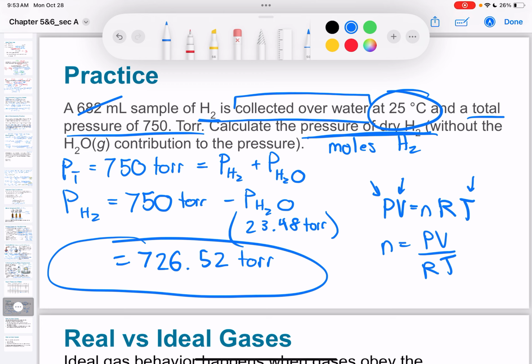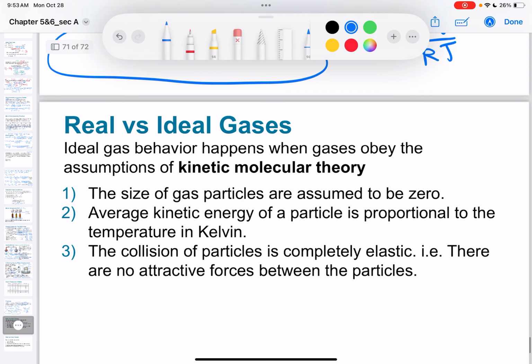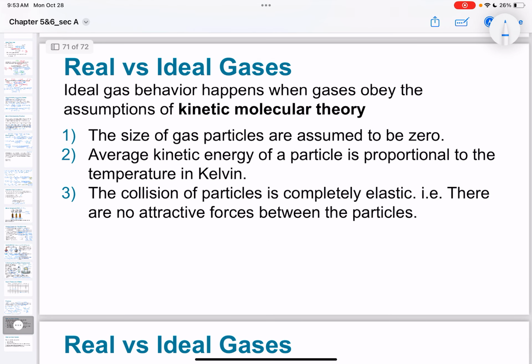Okay, last thing we need to talk about in chapter 6 is just a concept thing, and to clarify why we call PV equals nRT the ideal gas law. There are a couple assumptions that are made when we talk about the ideal gas law, and those assumptions are summarized in a theory called kinetic molecular theory.